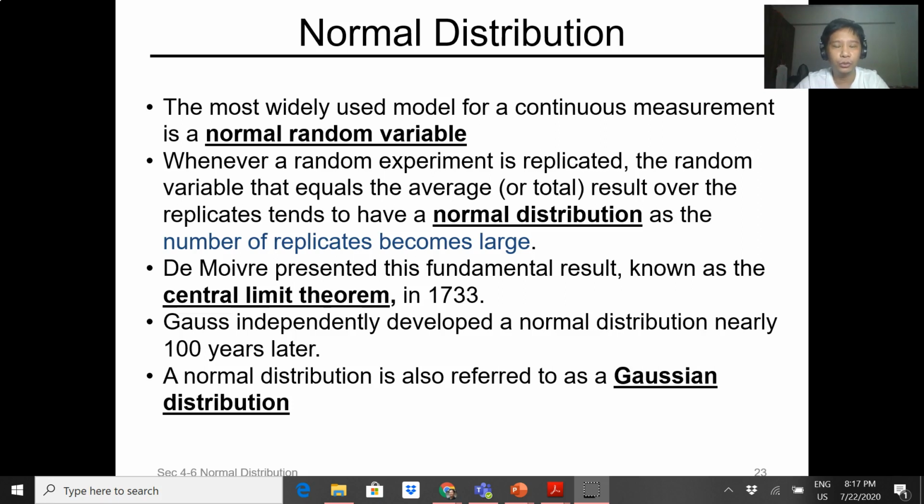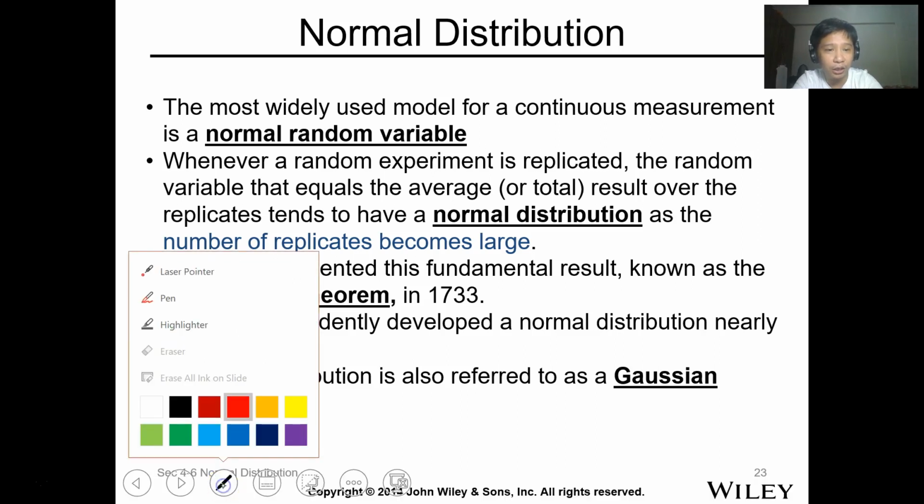So whenever you do multiple large replications of an experiment and you get a variable that has an average or total result, it will follow a normal distribution if you have a very large sample.